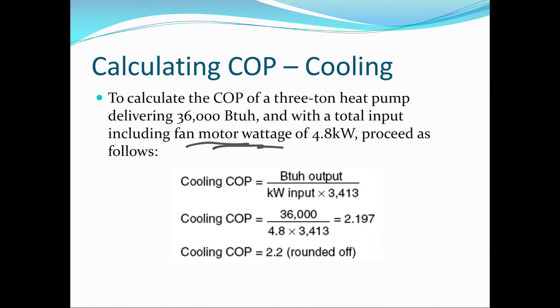So the 4.8 kW times the 3413, divided into the 36,000 BTUs, gives me roughly a 2.2 coefficient of performance. There again, it's saying that we're getting 2.2 times the amount of energy with respect to the amount we're putting in, so it's very efficient. A 2.2 is a decent number.